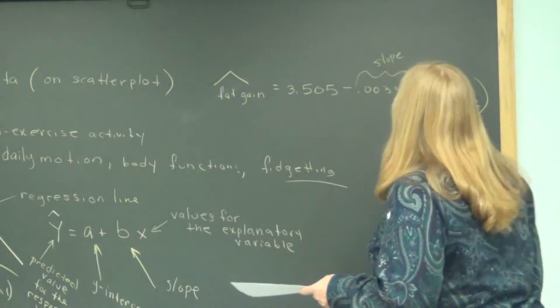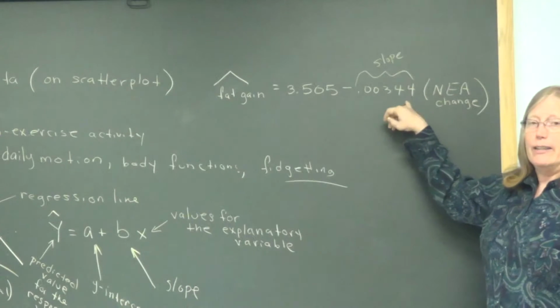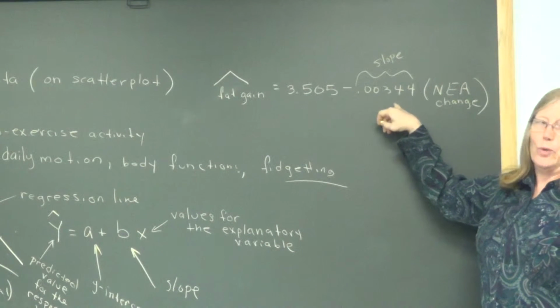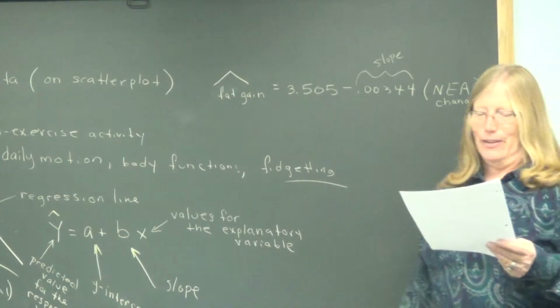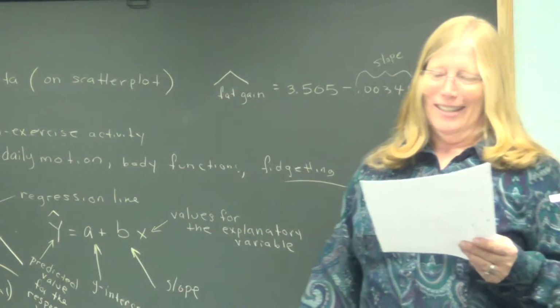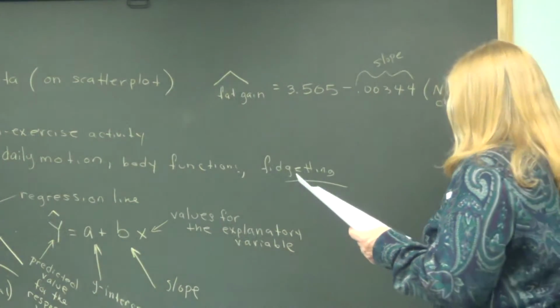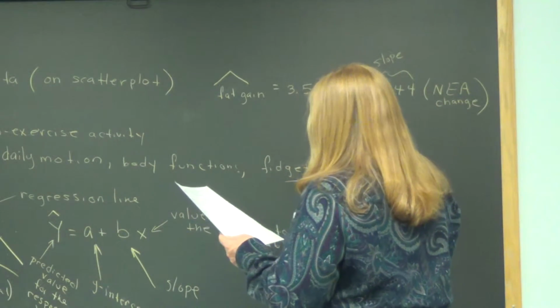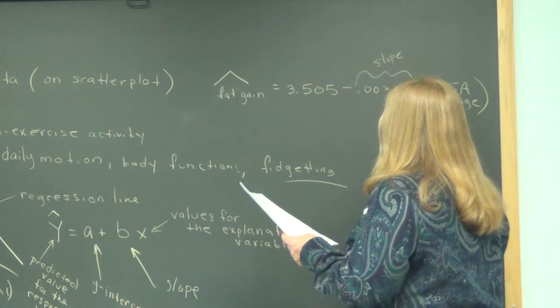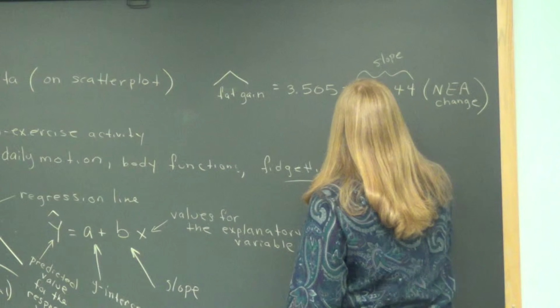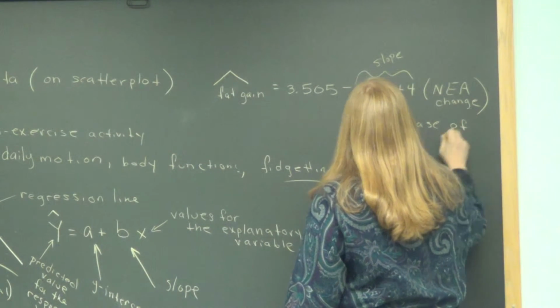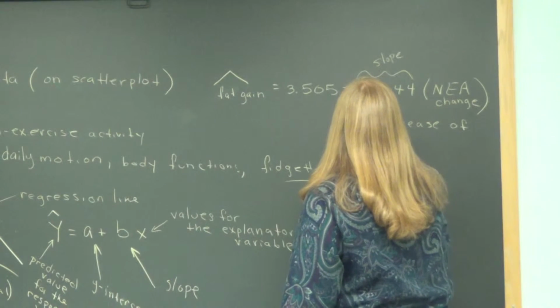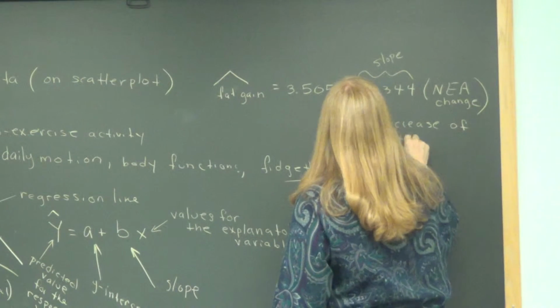Part two. Alright, so we're identifying how to talk about slope in words. That's the word "interpret" that they always throw at us, and we never know exactly what they're asking for. So, what we want to say for this one is the slope is a decrease, because it's negative, a decrease of 0.00344.